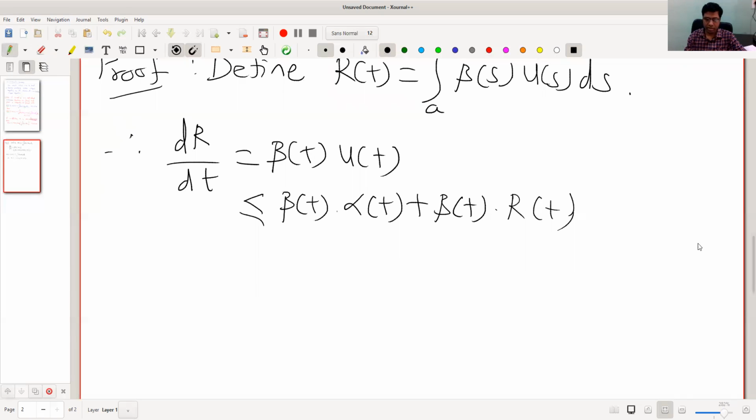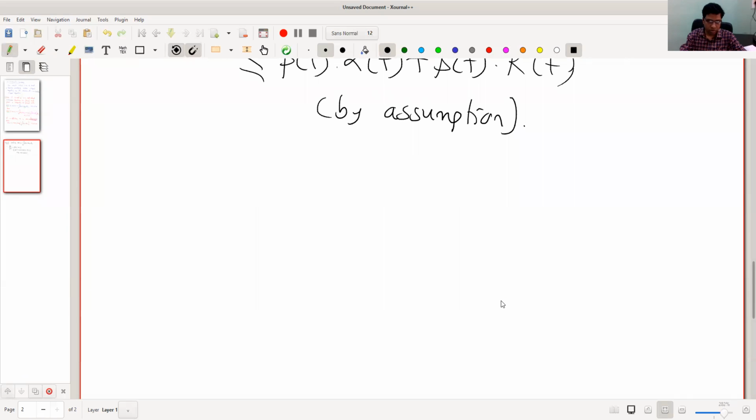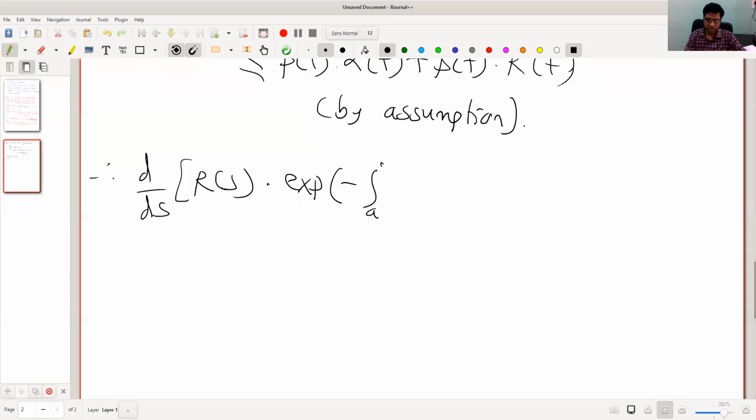This is by assumption. Therefore, d by ds of r of s into e raised to minus integral from a to s beta.